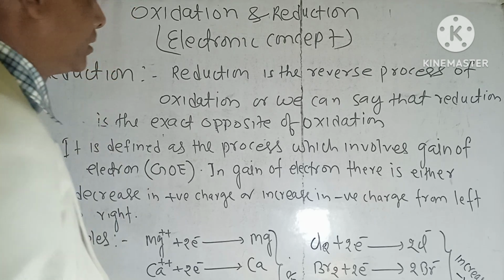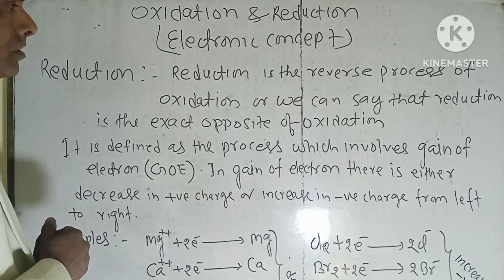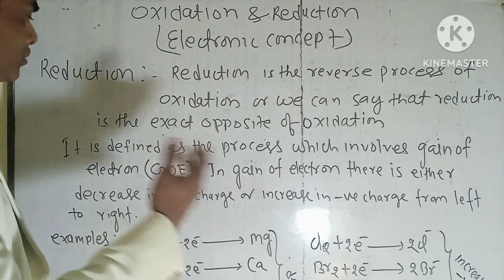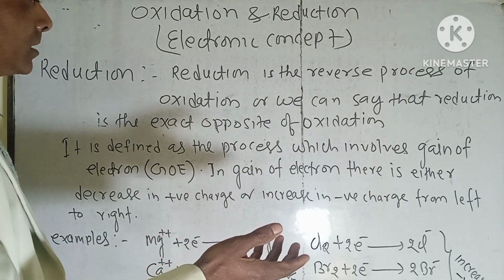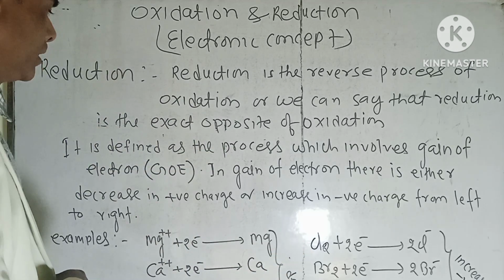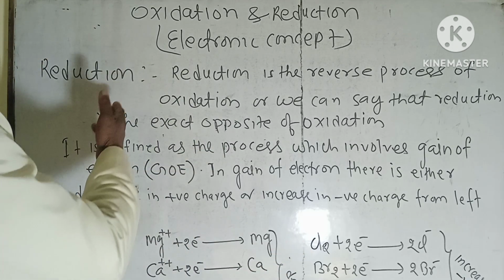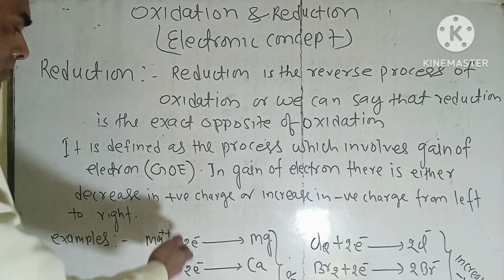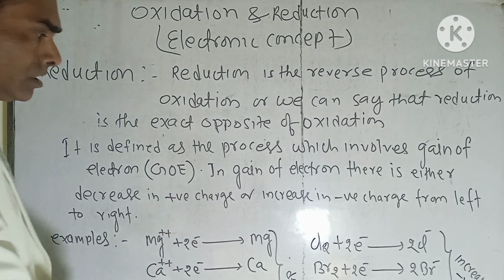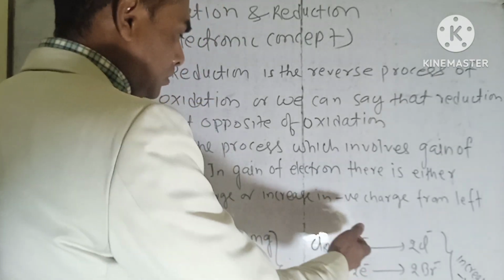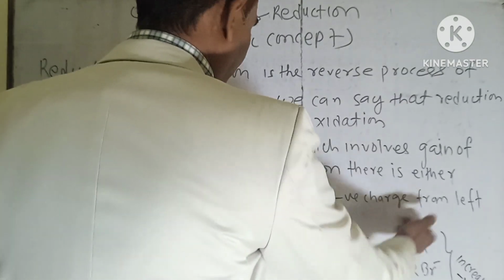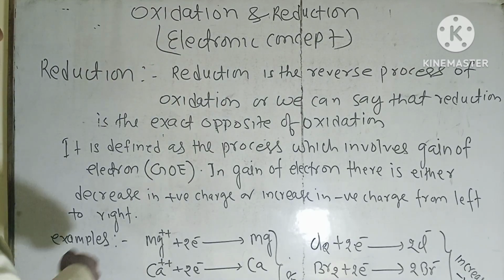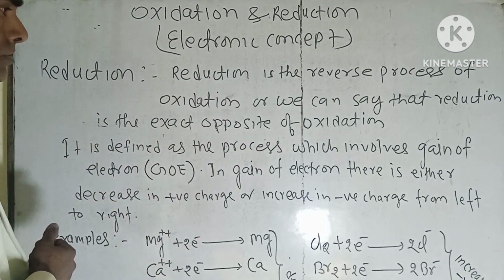As we had discussed in the case of oxidation, there is an increase in positive charge from left to right, while there is a decrease in negative charge from left to right. But in the case of reduction, there is a decrease in positive charge from left to right, while there is an increase in negative charge from left to right, which is defined as a process in which there is gain of electron.